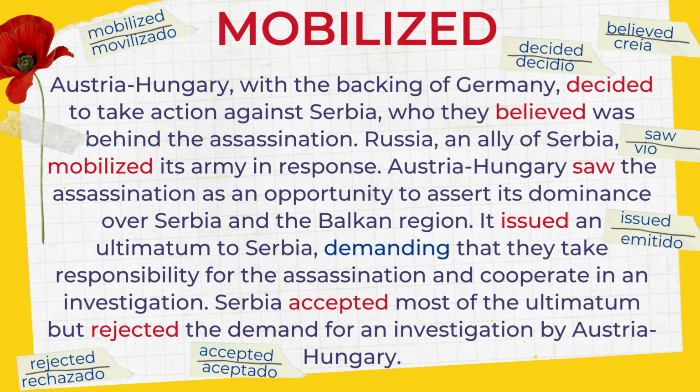It prepared an ultimatum to Serbia, demanding that they take responsibility for the assassination and cooperate in an investigation. Serbia accepted most of the ultimatum, but denied, refused, shunned the demand for an investigation by Austria-Hungary.